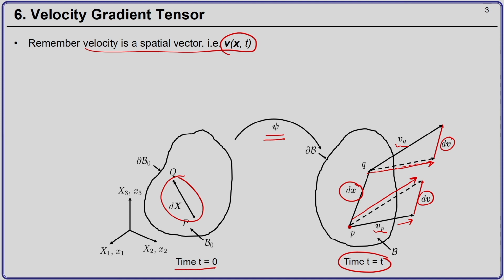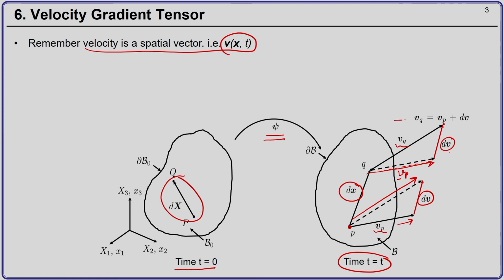So, from the law of vector addition, we know that the velocity V_p plus dV will give you V_q.